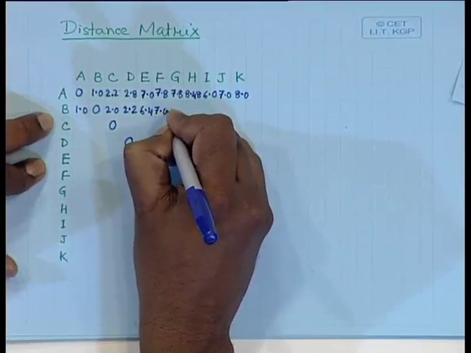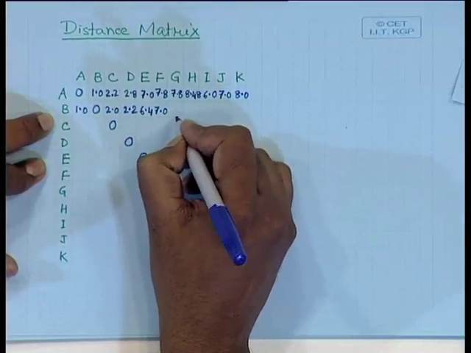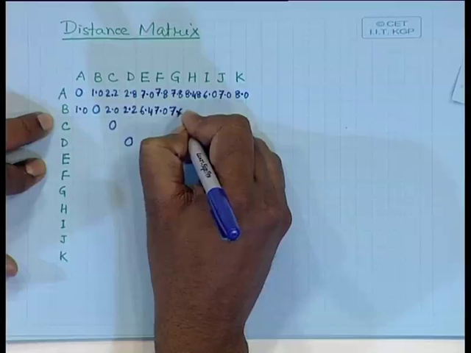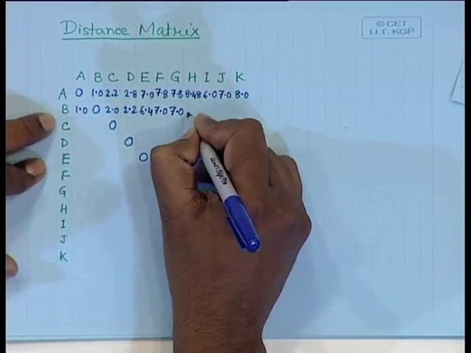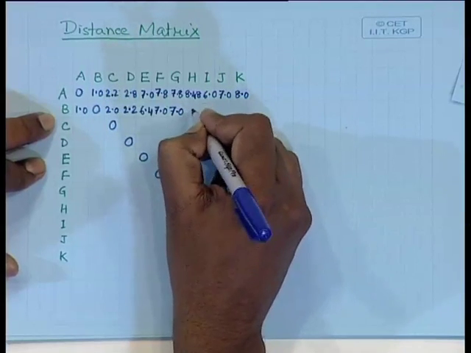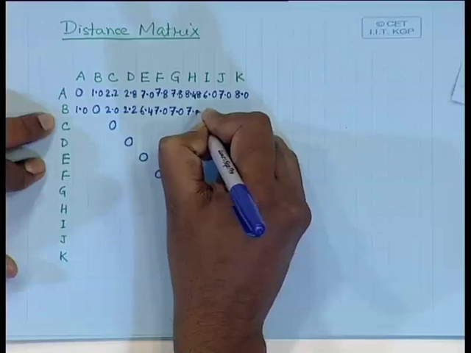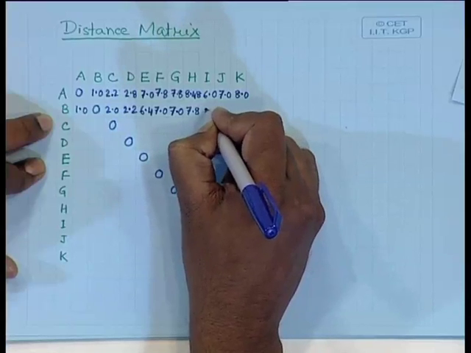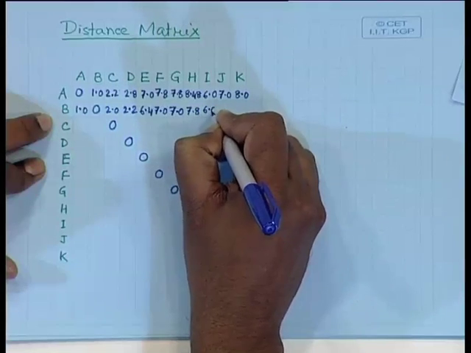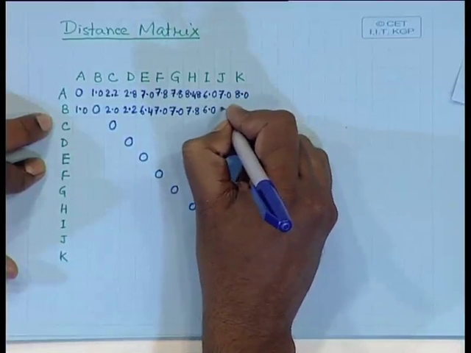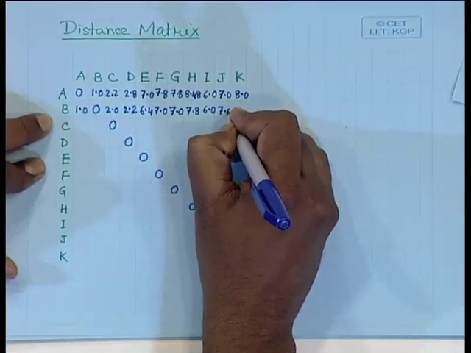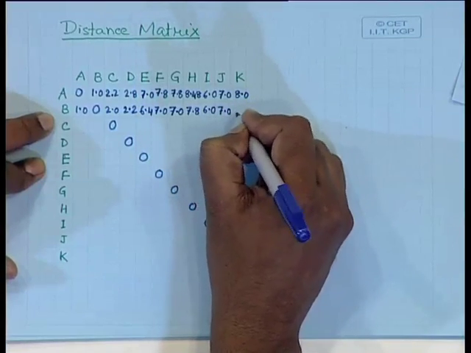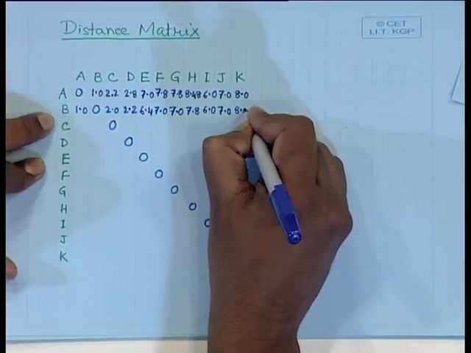So, I am writing 7.0. Between B and G, again 7.07. Between B and H, it will be 7.8. B and I, it is again 6.08. B and J, it is 7.0, and B and K, it is 8.06.